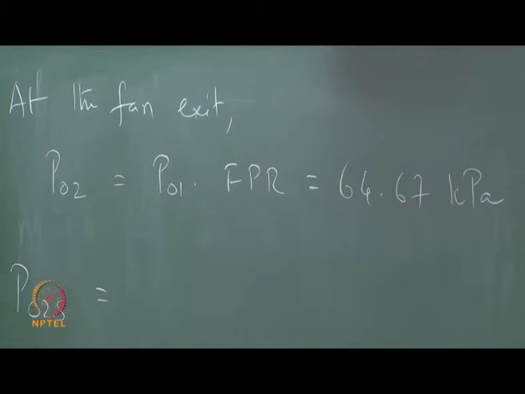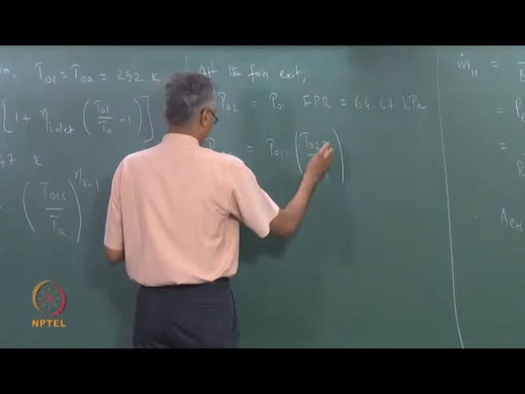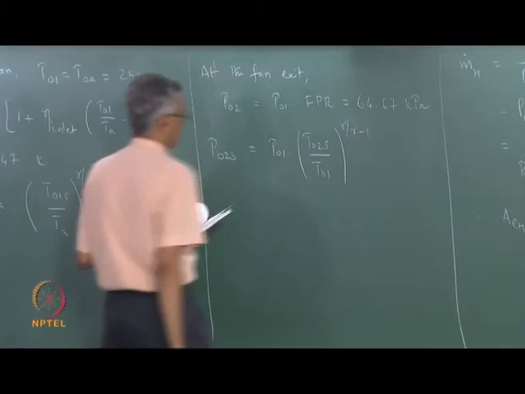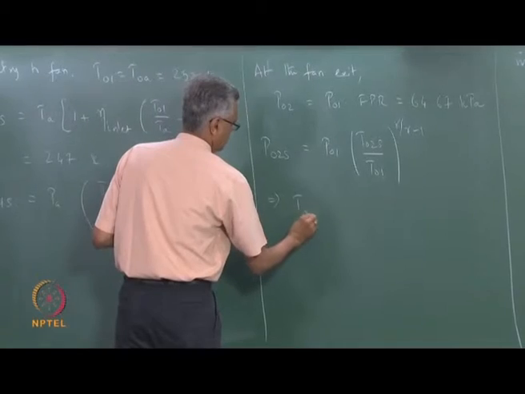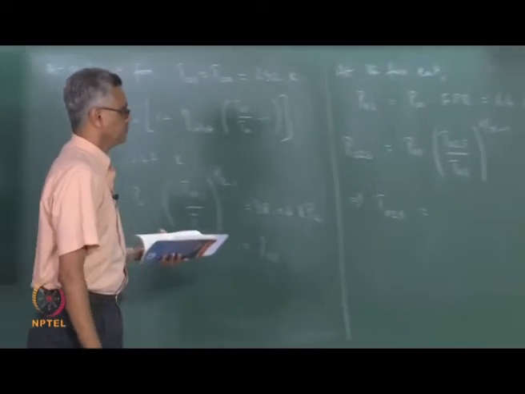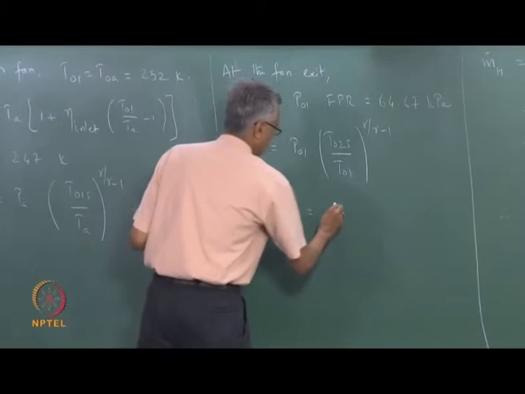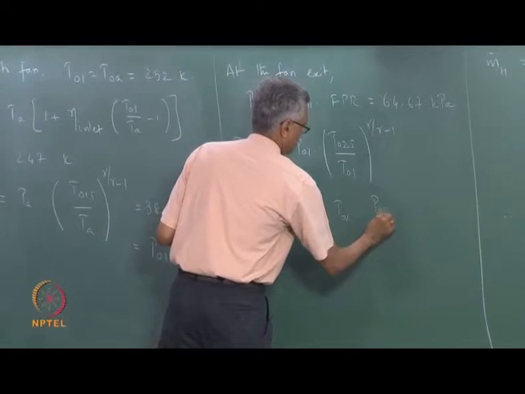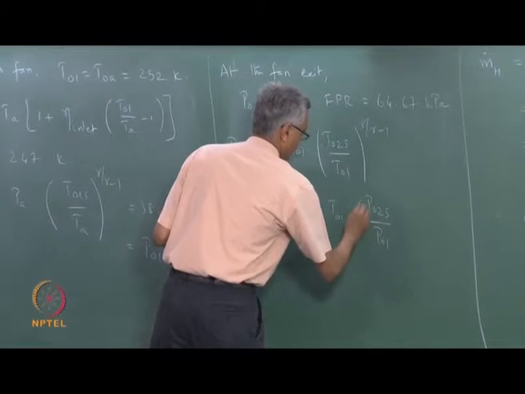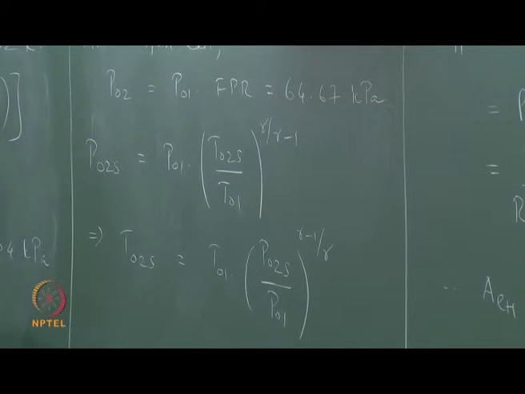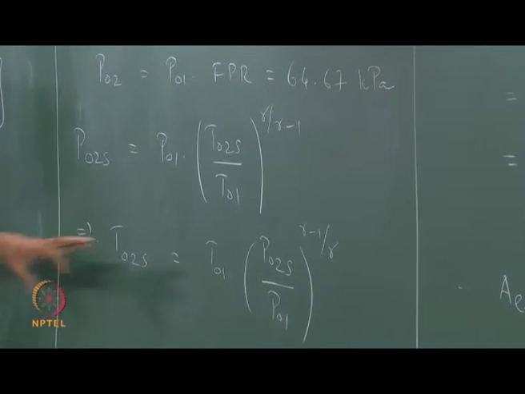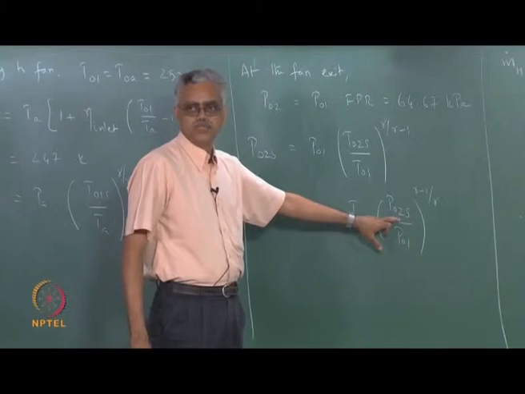Remember, P02S is equal to P01 times (T02S divided by T01) raised to the power gamma over gamma minus 1, which tells me that I can calculate my T02S as T01 times (P02S divided by P01) to the power gamma minus 1 over gamma, right, and P02S is equal to P02, right?